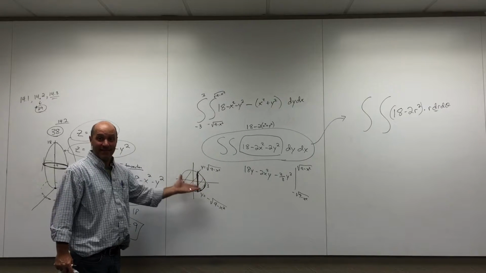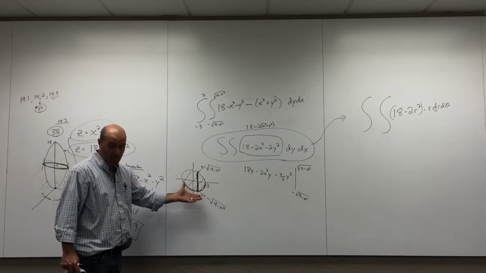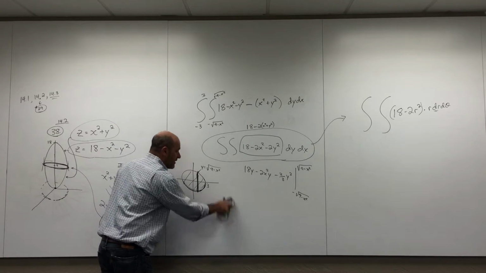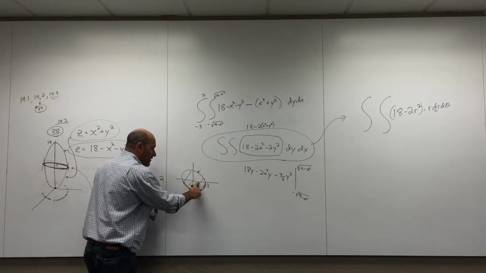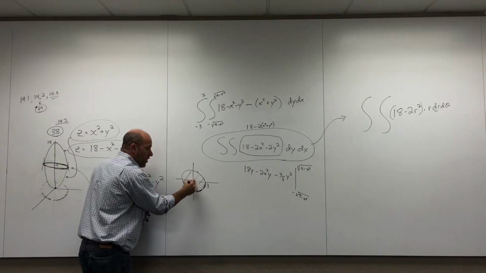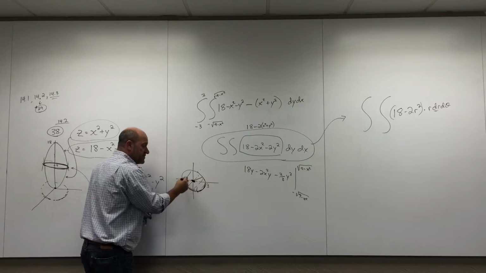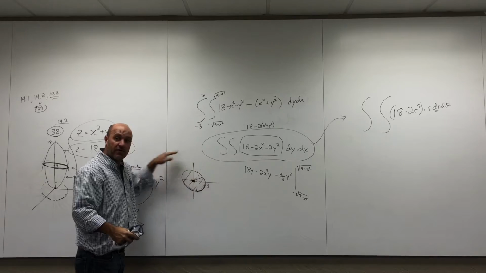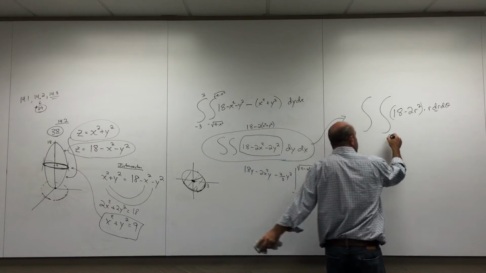If I'm integrating over this region in polar coordinates, I let my r go first. R goes from the origin out, 0 to 3. While r does that, theta goes from 0 to 2 pi. It's so beautiful and easy.